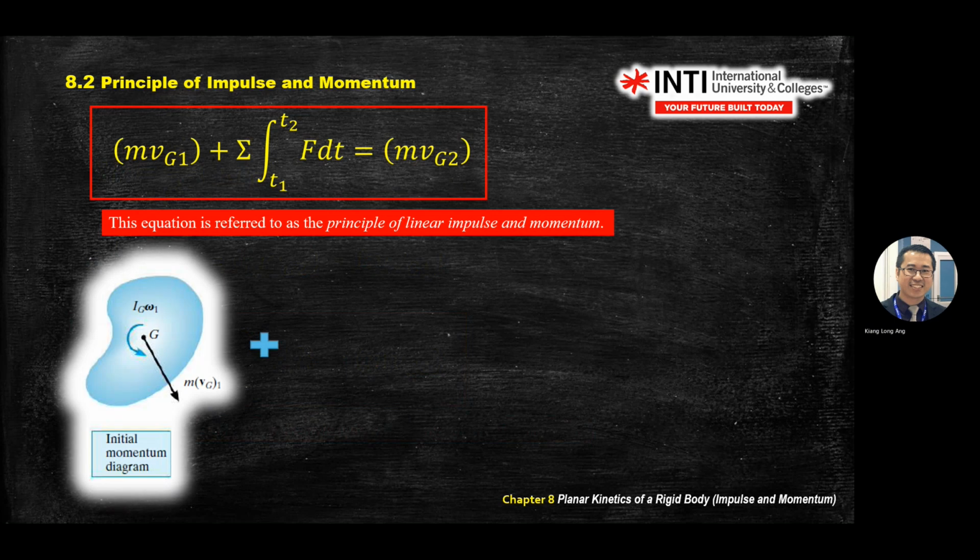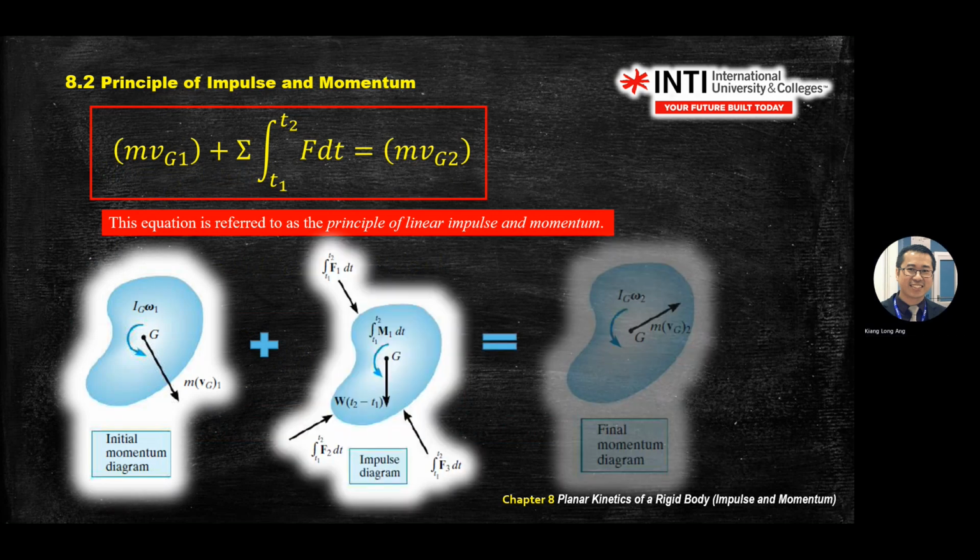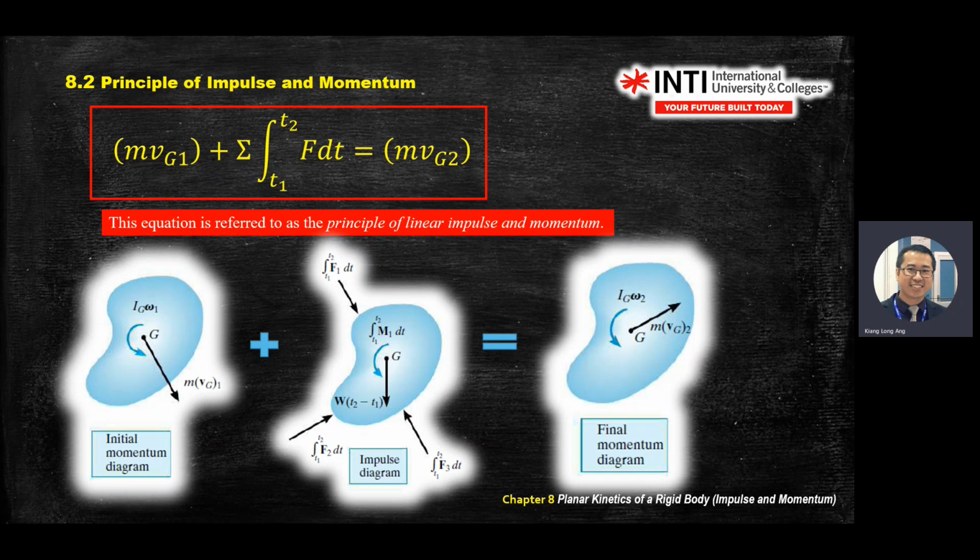Okay. So the rest is just illustration. So what does it mean? mv again is momentum. So you deal with the mass and mv. So you can see here initial momentum diagram, G, and then there is a velocity there, right? So always combine your velocity and mass, it becomes momentum. And this is rigid body.